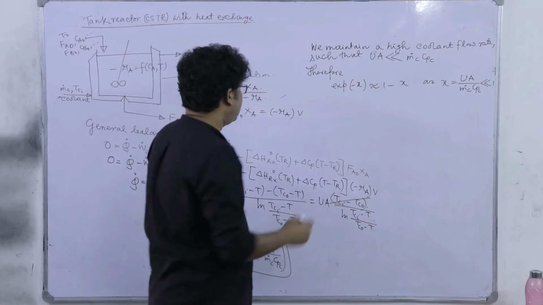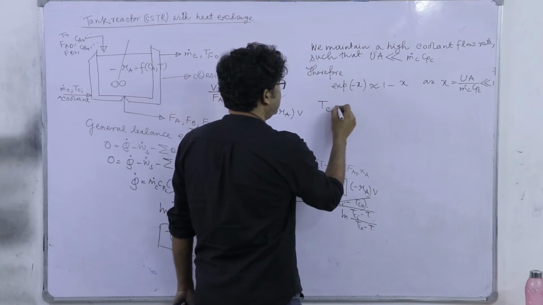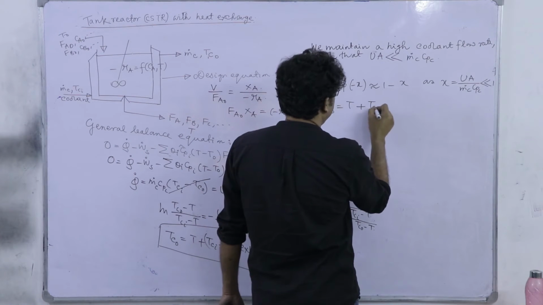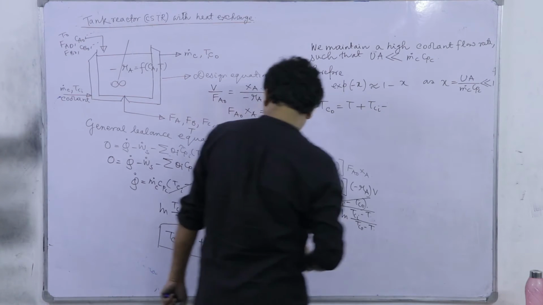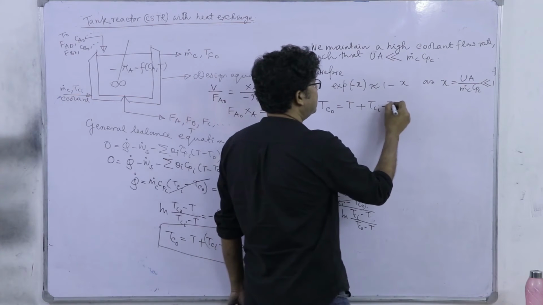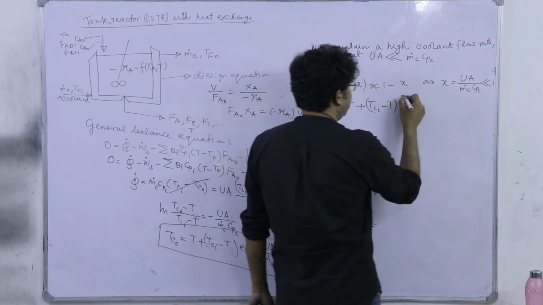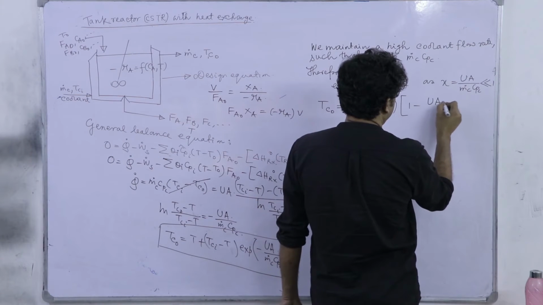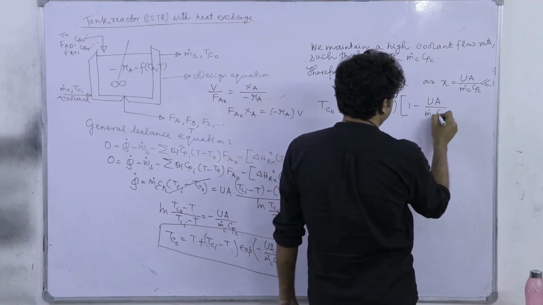So, we have now this Tco equal to T plus Tci minus T into 1 minus UA by m dot C Cpc.